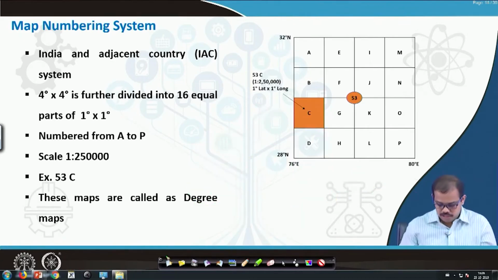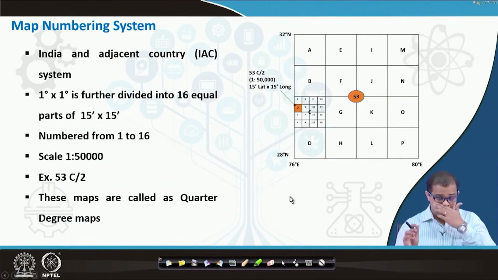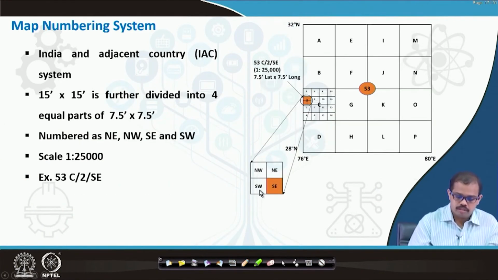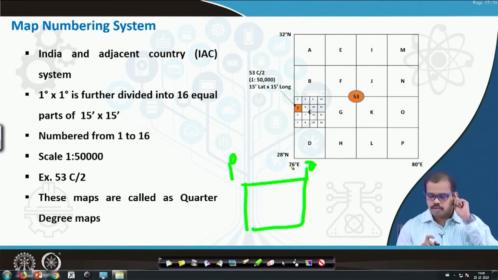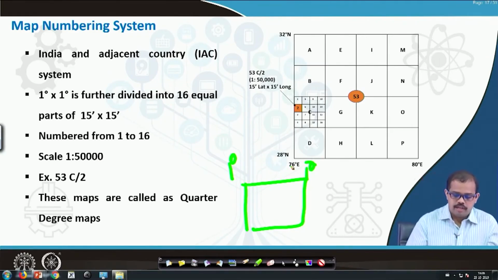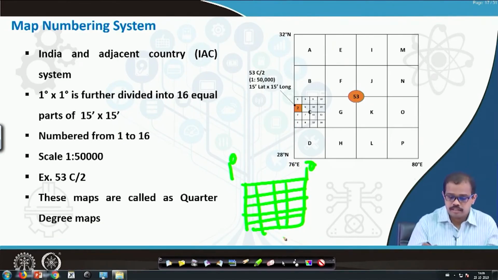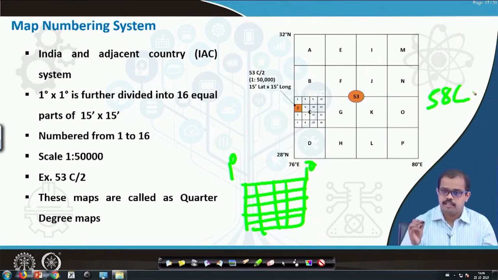Once you have understood this, now let me take the same 1:250,000 map. Let us say this is a 1 degree by 1 degree map, that is for the 1:250,000 map. Now let us divide this into 16 equal boxes. For example, this entire thing is 58, and we divided it into 16 boxes. Now we rename those boxes as A, B, C, D. So if I write 58C, it is 1:250,000.